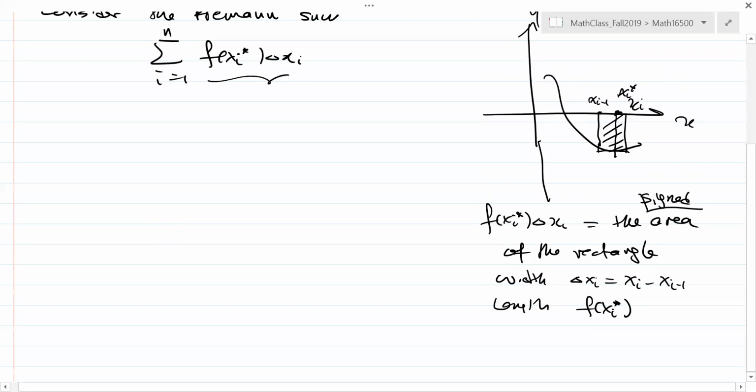Now if this Riemann sum approaches a finite number, then we say the function is integrable, and the limit is called the integral of the function over the interval. So if the limit exists, if the Riemann sum approaches some finite number, let's call it L, as all the subintervals approach zero uniformly.